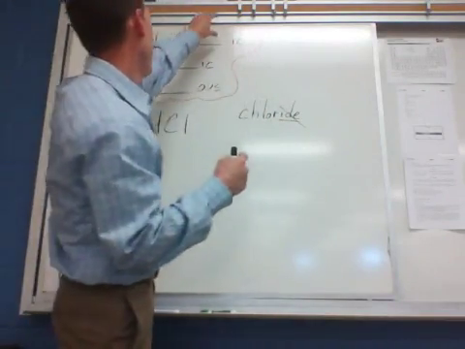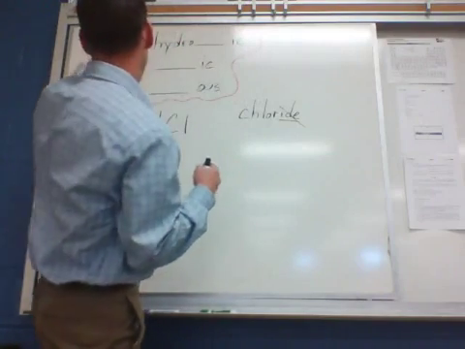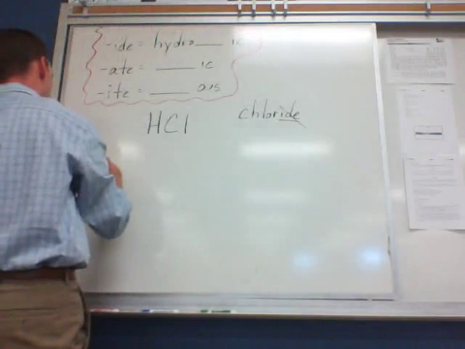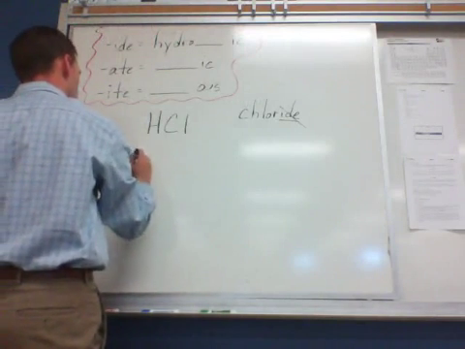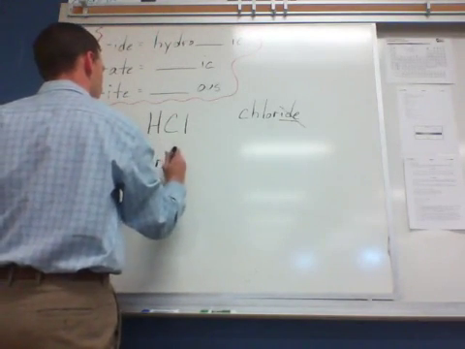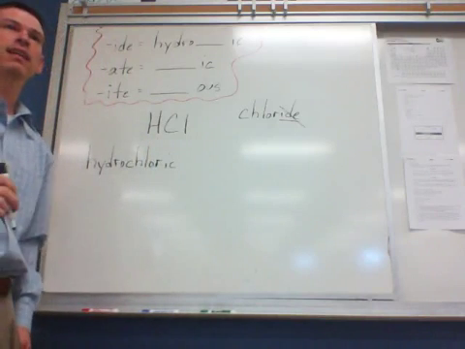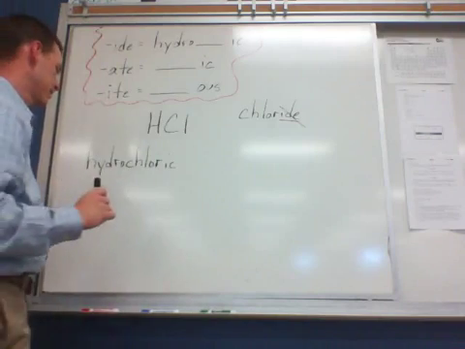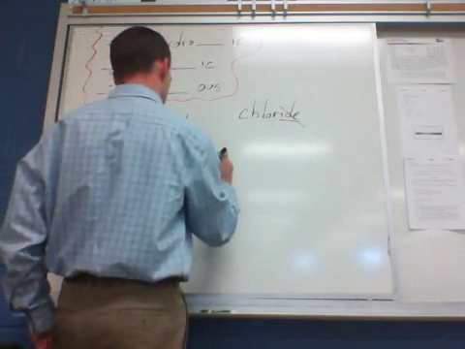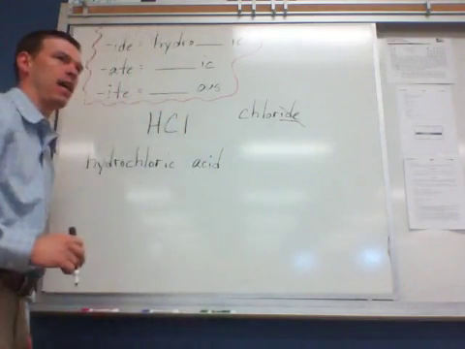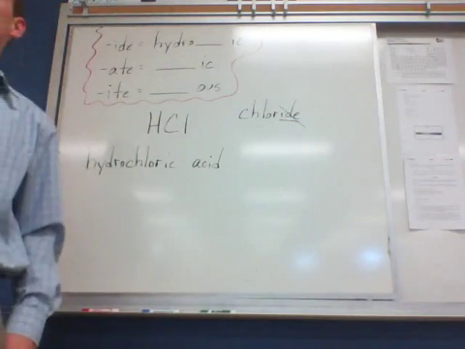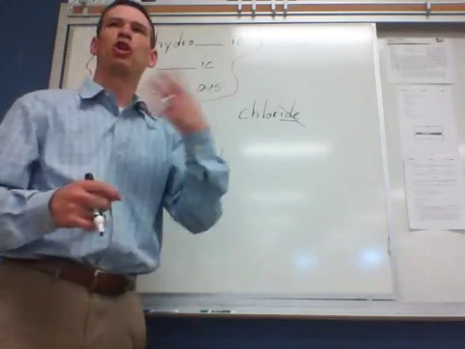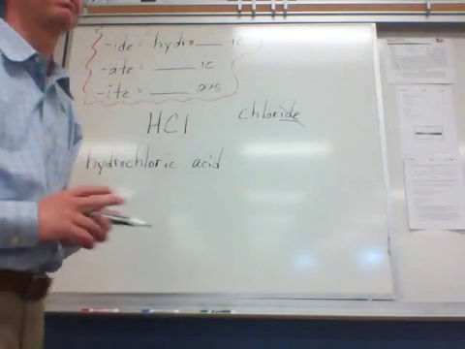I'm going to put it into the blank that matches the right suffix. So this one becomes hydrochloric. Do you see it? And then what special word do you think we use for acids? Acid. HCl is hydrochloric acid. That wasn't a part of the answer. That's just your intermediate brain step.